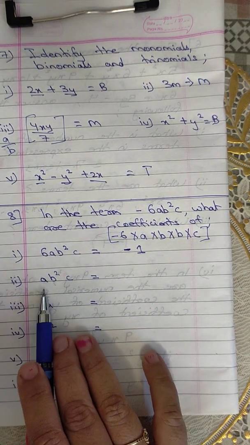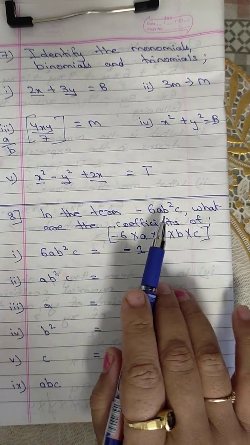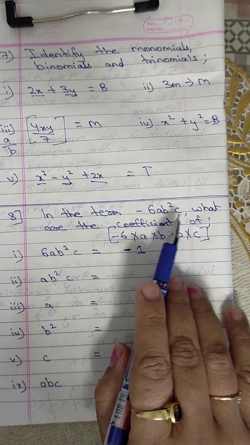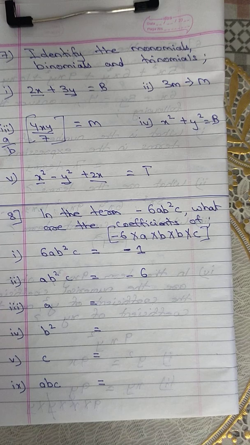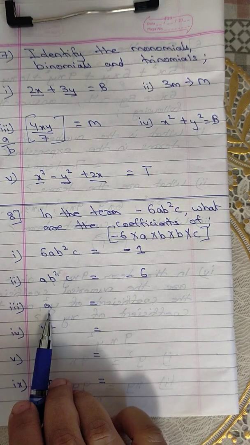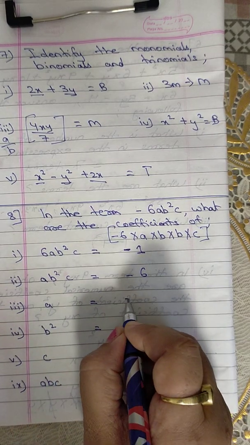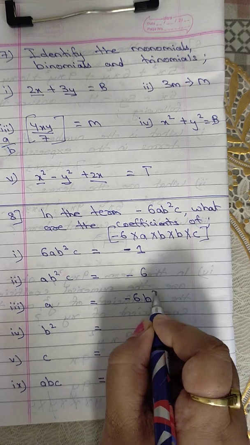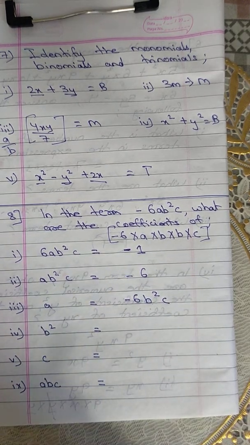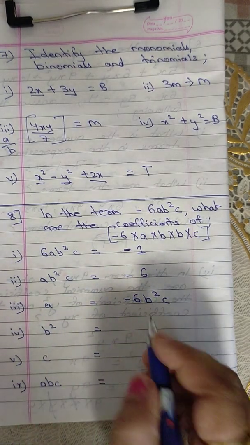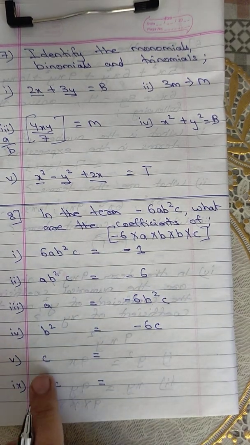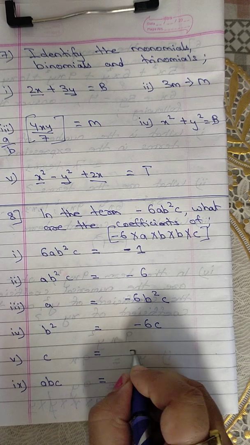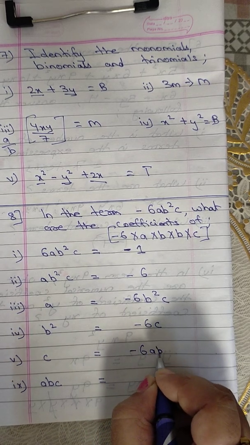Next, a, b, c square. If we remove a, b square and c, what will be remaining here? Only minus 6. Next, if we remove a, what will be left? Minus 6 b square c. If we remove b square, what will be left? Minus 6 c. If we remove c, it will be minus 6 ab square.